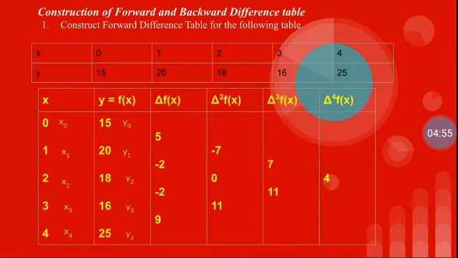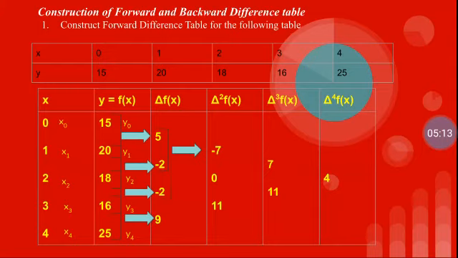To find the first forward difference, we subtract 20 minus 15, which is 5, 18 minus 20, 16 minus 18, 25 minus 16, which will give you the first forward difference.